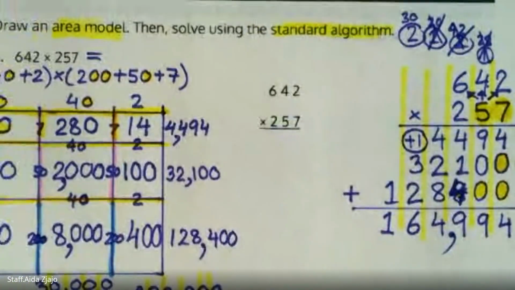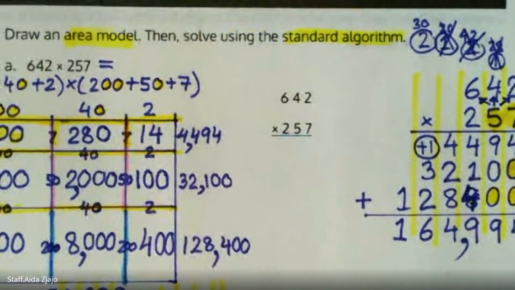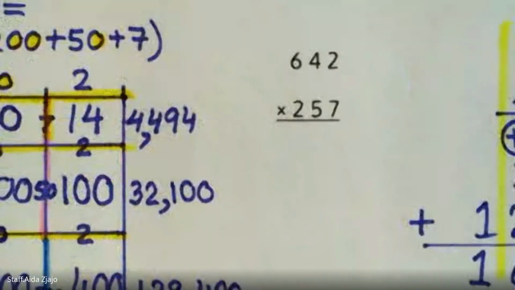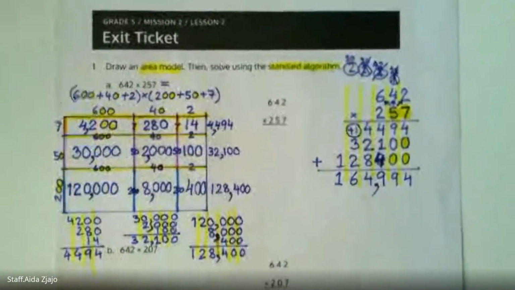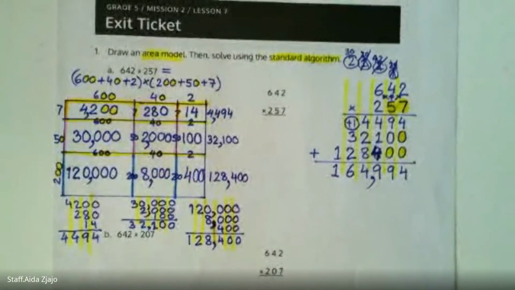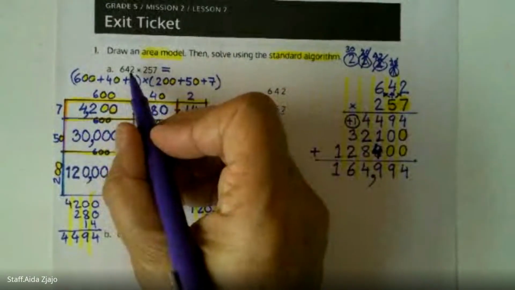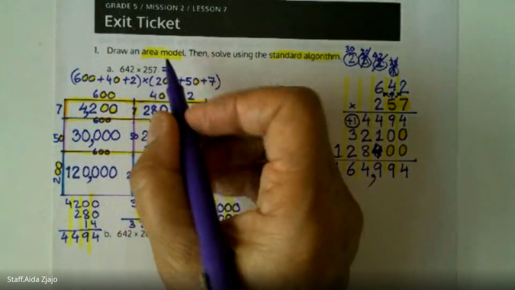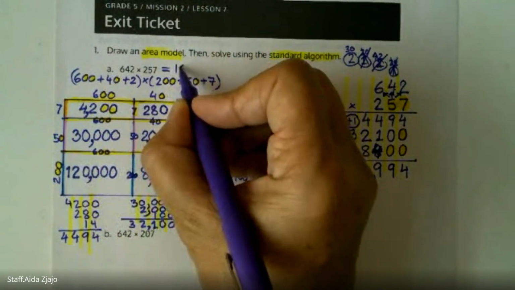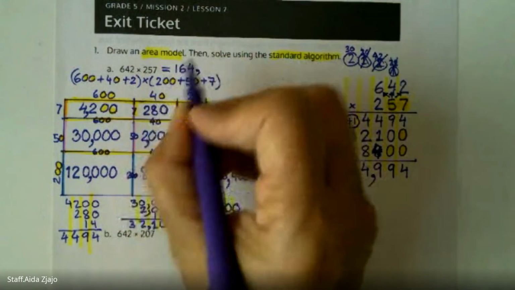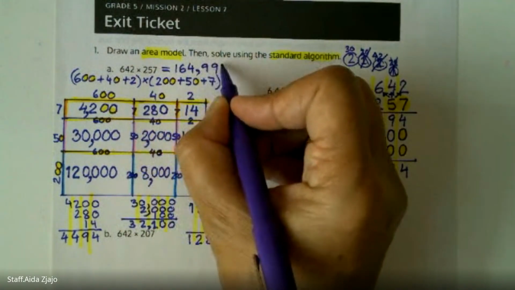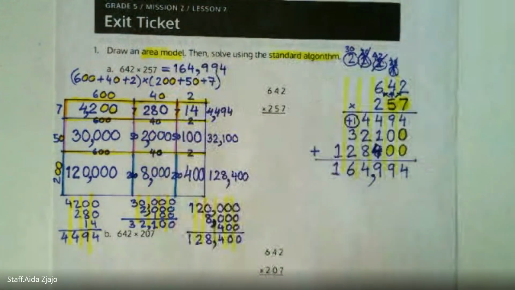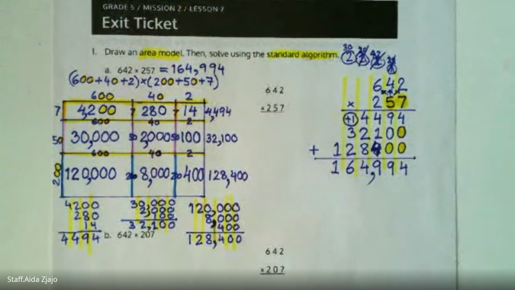product calculation. So I'm going to make it smaller, right? Okay, so I need to write here 642 times 257 is 164,994. And I'm done with just one problem.